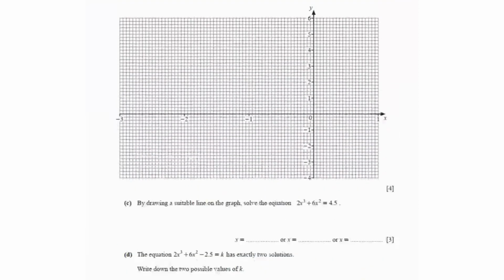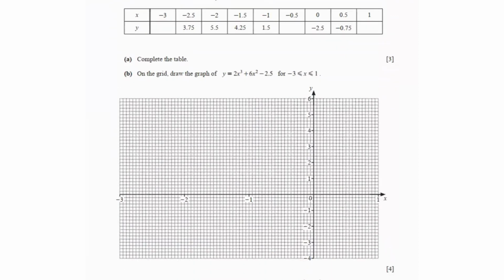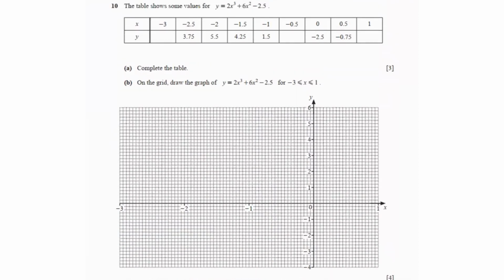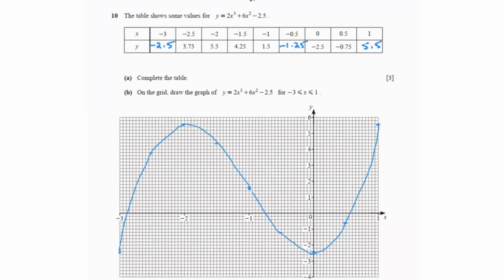For the first one, if we compare this equation with the one given below, 2x cubed plus 6x squared equals 4.5, we move the -2.5 to the left-hand side, so for that to become 4.5, we need to draw a line at y equals 2. The y equals 2 line is going to be over here.